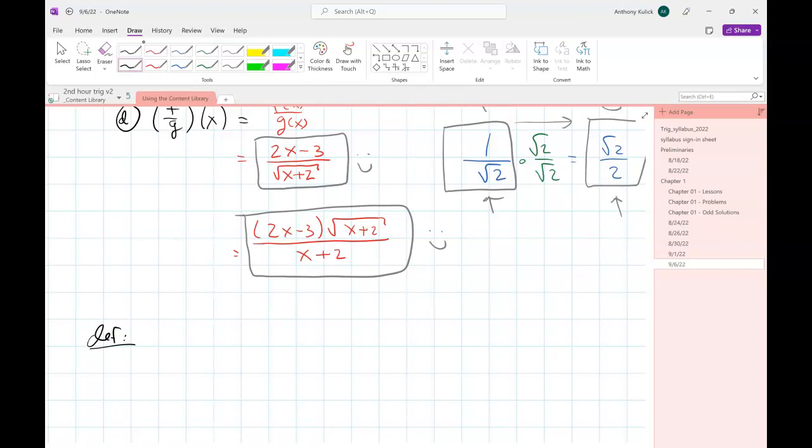So let's talk about this 5th type of operation.